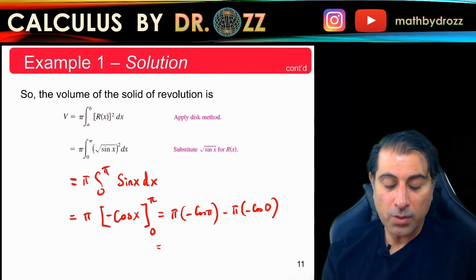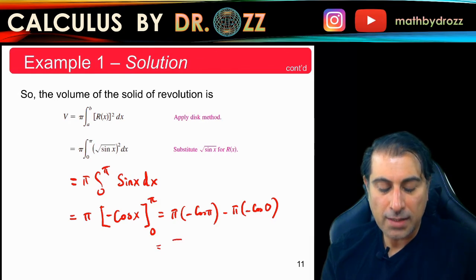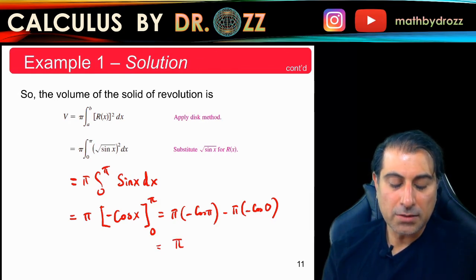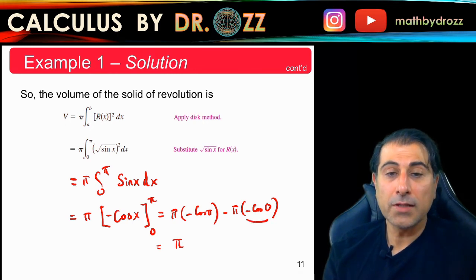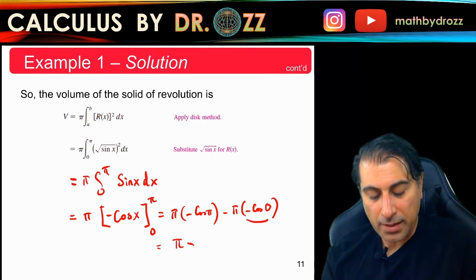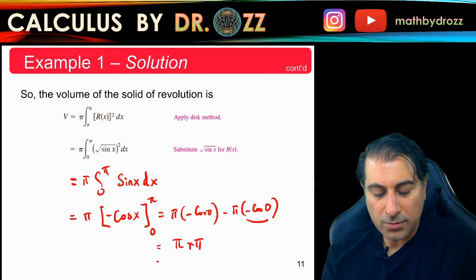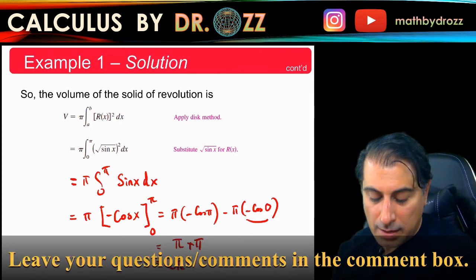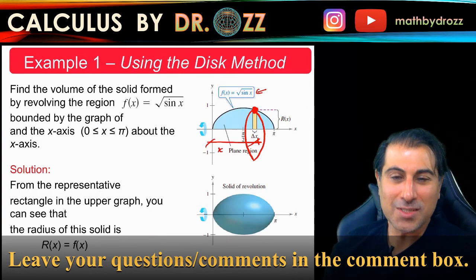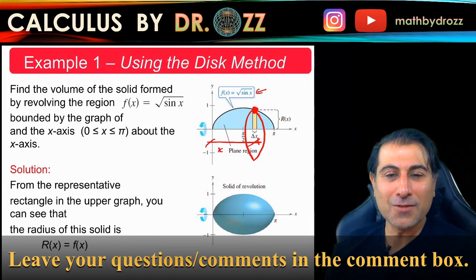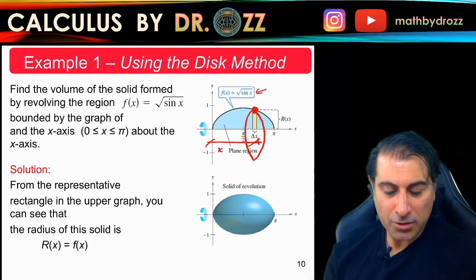So negative 1 with the negative sign is plus 1. So this is pi. Cosine 0 is 1. So this is negative 1 then. So negative 1 times negative pi is just pi. So that takes you to the volume exactly equal to 2 pi. And whose volume is that? That's the volume of the football mentioned in this example.